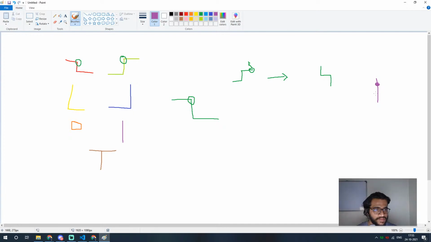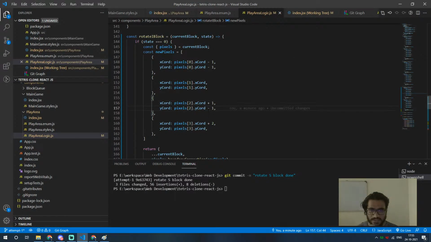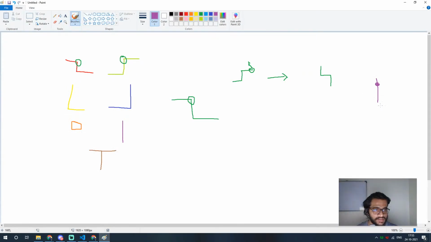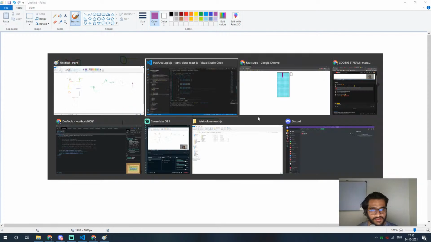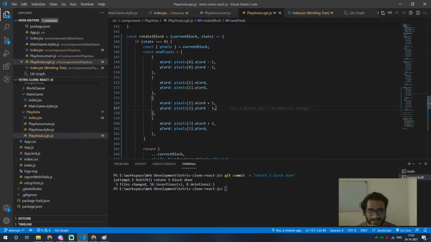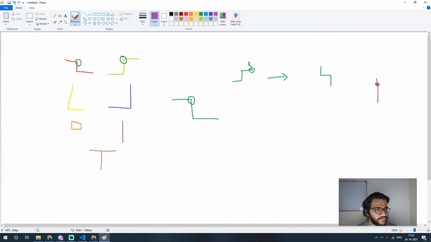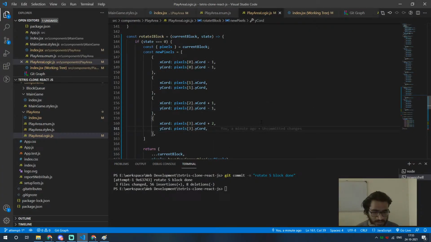The third pixel would be +1 x-axis -1 y-axis, and the fourth pixel would be +2 y-axis and -2 y-axis.